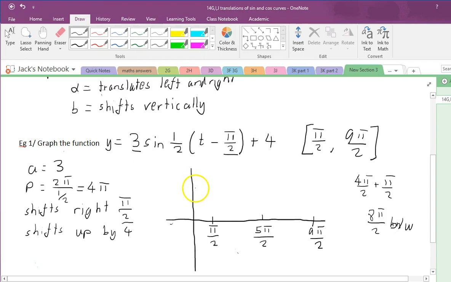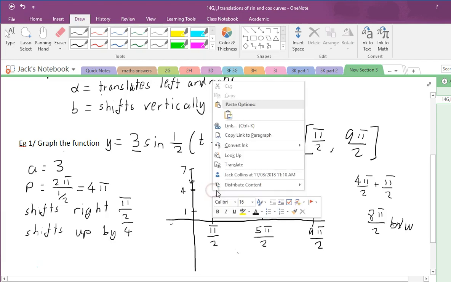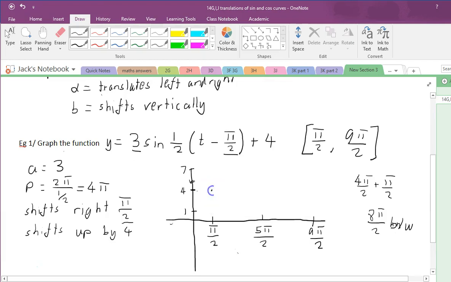Alright, so now we know it's shifted up by 4, so I might put that a bit lower actually, just so I can fit it all in. So 4, and we know that the amplitude is 3, which means the low point is going to go down to 1, and the highest point is 4 plus 3, it's going to go up to 7. And we're starting at pi on 2.